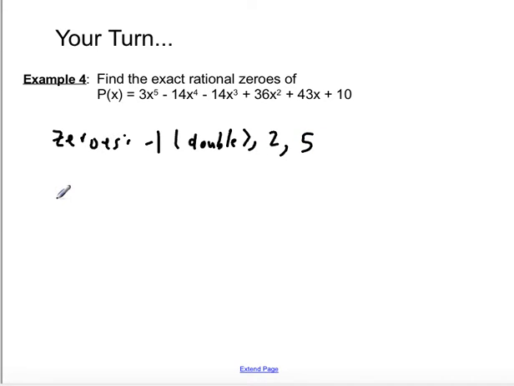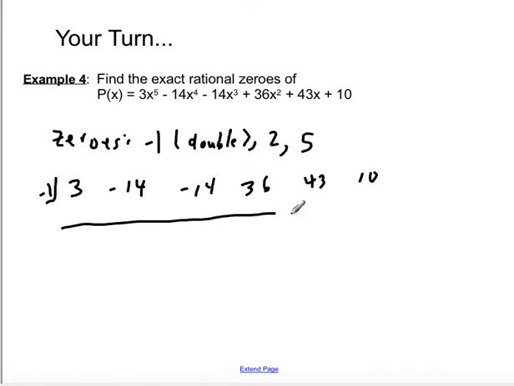Alright, so now we can just go ahead and use our synthetic division here. So I'm going to put -1 in here. I'm going to do my coefficients: 3, -14, -14, 36, 43, 10. Bring down my first term.